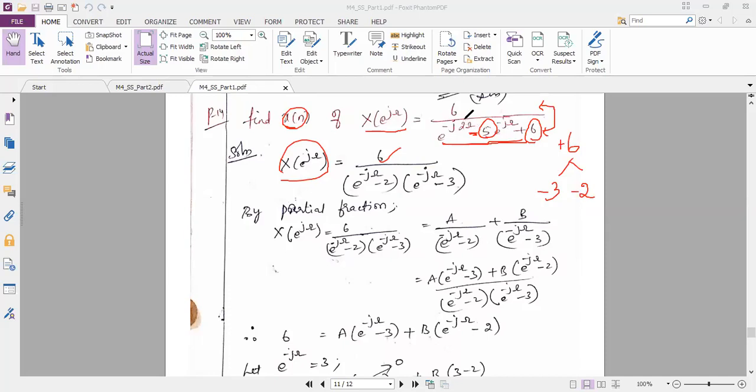And see this, you imagine it like x square. In place of x, I have e power minus j omega. So x square is e power minus j omega the whole square, then x square minus 5x, so 5 into e power minus j omega, plus the constant term 6.